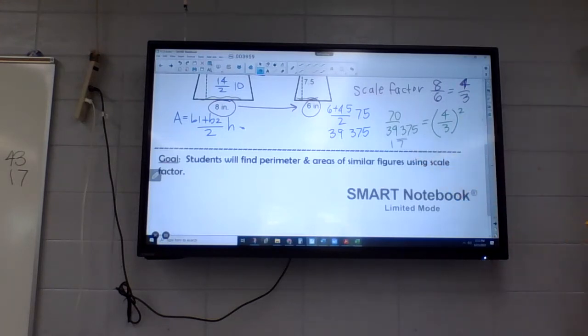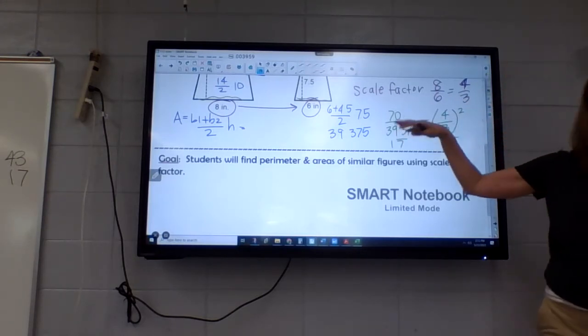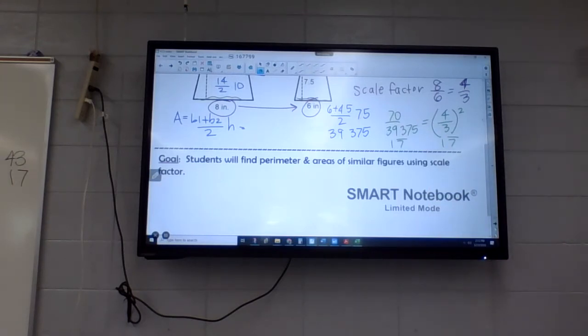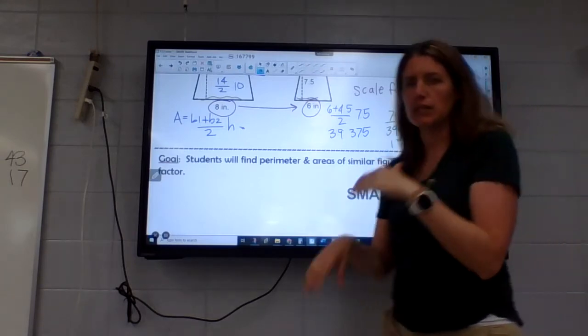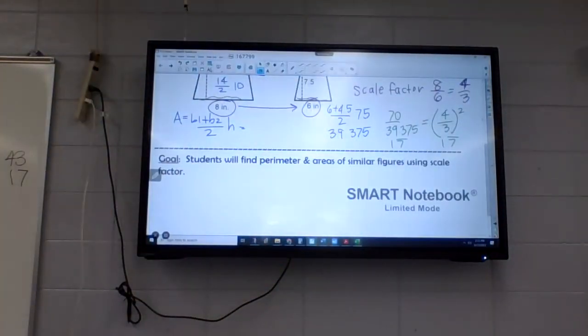If I take 4 over 3 and square it, it's also equal to 1.7 repeating. So what it is, I take the scale factor, square it, it should be equal to the ratio of the areas. And I don't know what I was doing wrong about it, but I wasn't connecting those dots. So we're going to be able to figure out those different pieces there.